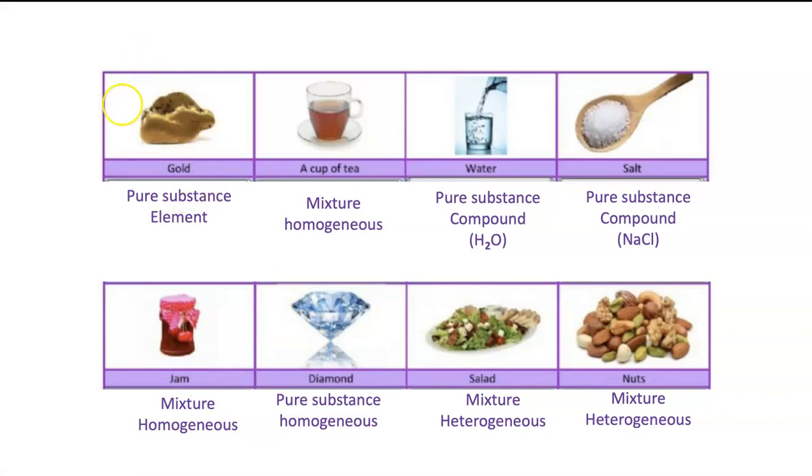But the difference between gold and diamond, the carbon atoms are chemically bonded to each other to make a matrix, like a structure. That's why they are so hard. Gold is not like that. They're just metal atoms hanging out together without chemical bonds.